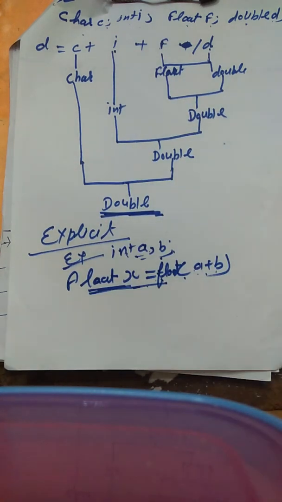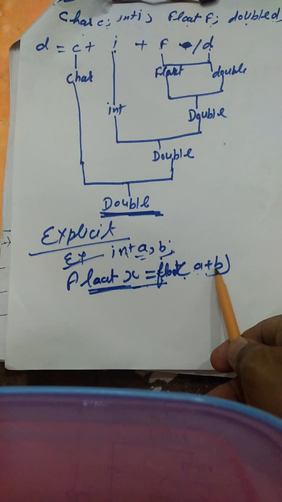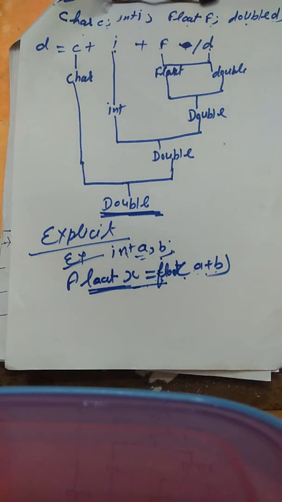Now explicit example, integer A and B. In the example, the outcome of the expression A plus B has to be integer, but float is provided by the user before the expression.